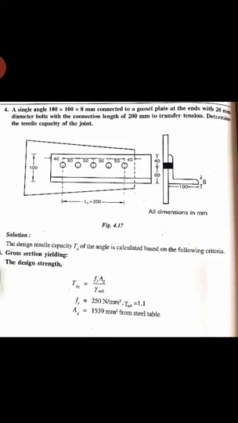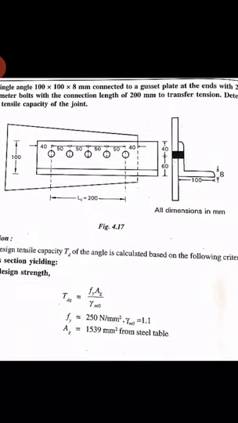So here is a single angle of 100 by 100 by 8, that is an equal angle section, connected to the gusset plate, and the number of bolts is also given here. There are 5 bolts provided in a single row, and these 5 bolts are being used to connect the angle section to the gusset plate.